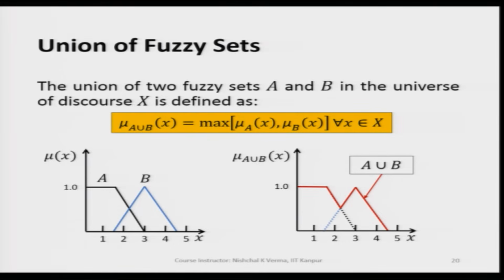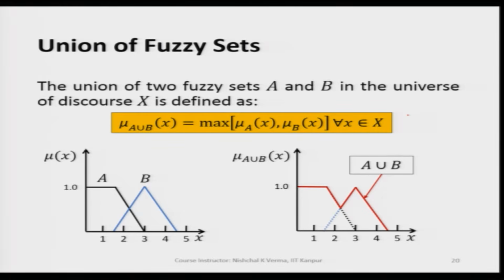So, let us first look at the condition which we follow in finding the union of two fuzzy sets. As I mentioned, it is the membership values for the corresponding generic variable values which are very important.